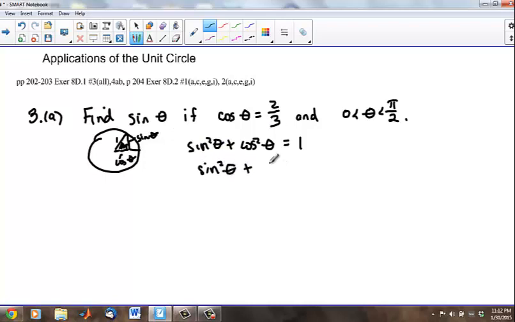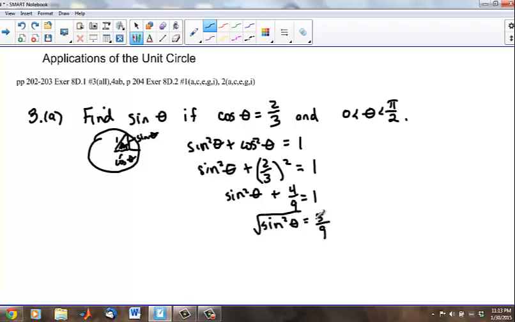I'm going to plug in 2/3 for cosine theta, but we have to square it, is equal to 1. Okay, so then if I multiply out, I get plus 4/9 is equal to 1. Subtract 4/9 from both sides, and I get sine squared theta equals 5/9.